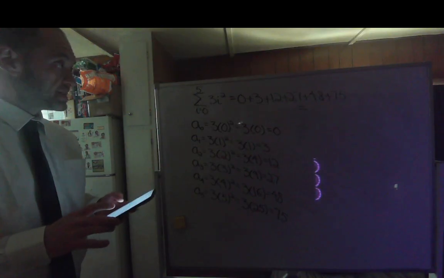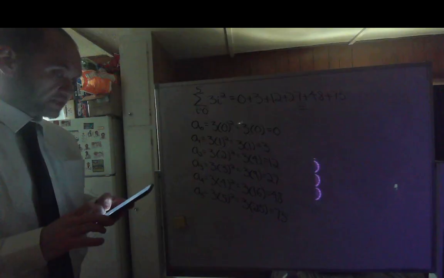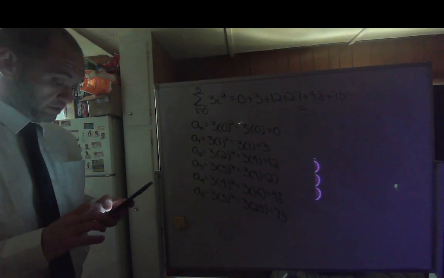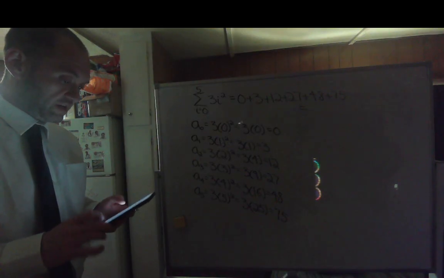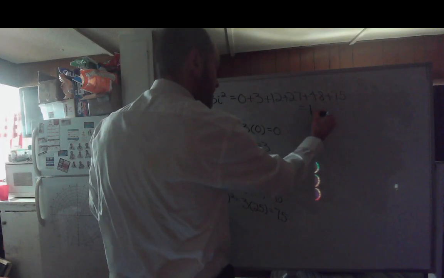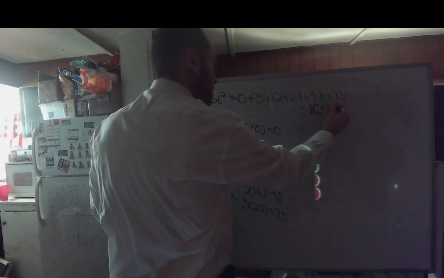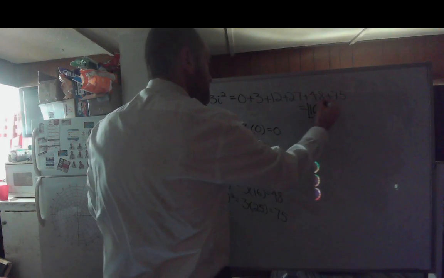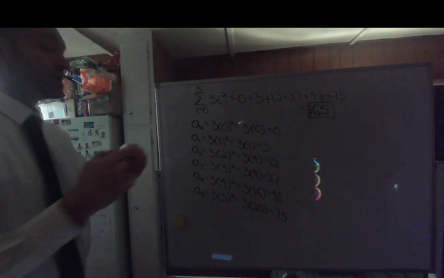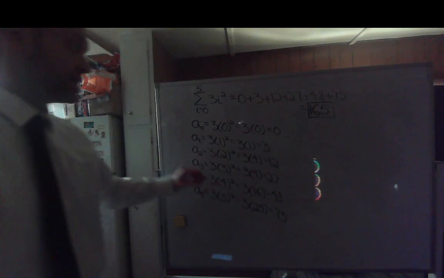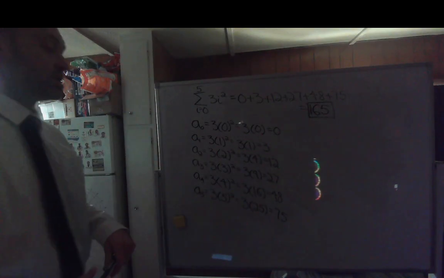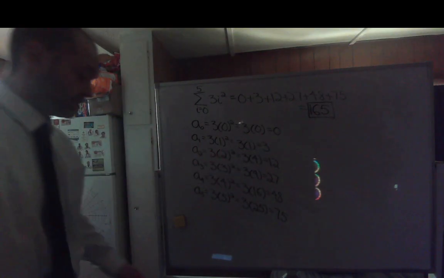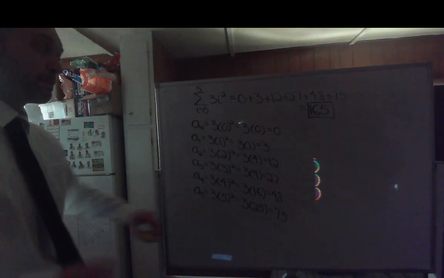Okay, so let's add these together. 0 plus 3 plus 12 plus 27 plus 48 plus 75. That's going to give us a sum of 165. So the sum of this series would end up being 165 once we find all 6 terms of the sequence and add them together.